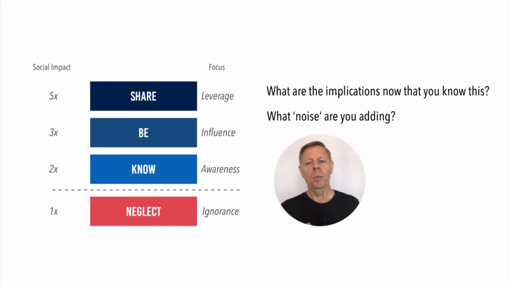How do you find out what noise you're adding? It may take someone to video you and you watch your videos back and you say, oh my God, I've said that word. We have those words that we say all the time and they add noise because people notice those words as a habit. And then you might say awesome all the time. And then if you say awesome all the time, people start noticing awesome when you say it and they start making jokes about awesome.